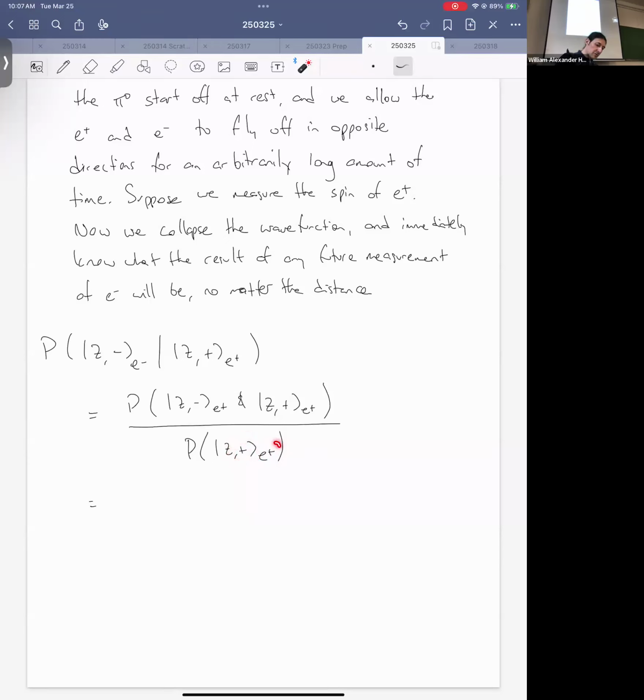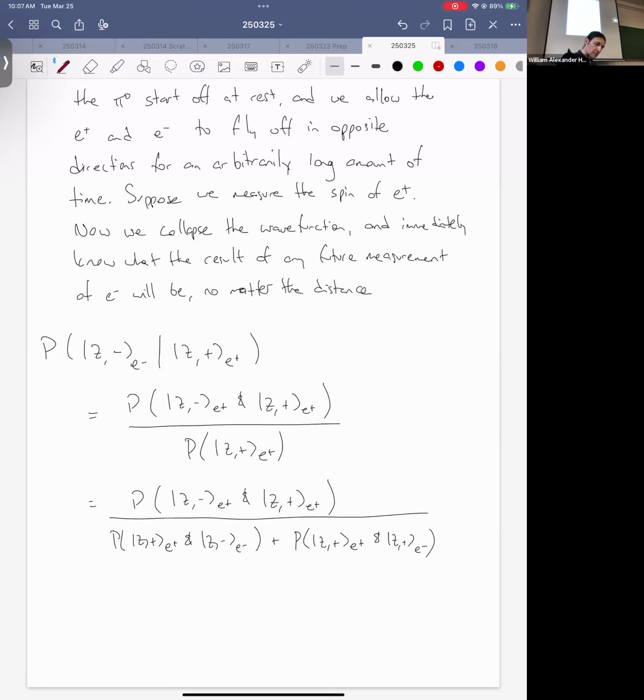Well, it's the probability of E plus being positive and E minus being negative, plus the probability of E plus being positive and E minus also being positive. This second term is just 0, and so this is equal to 1.